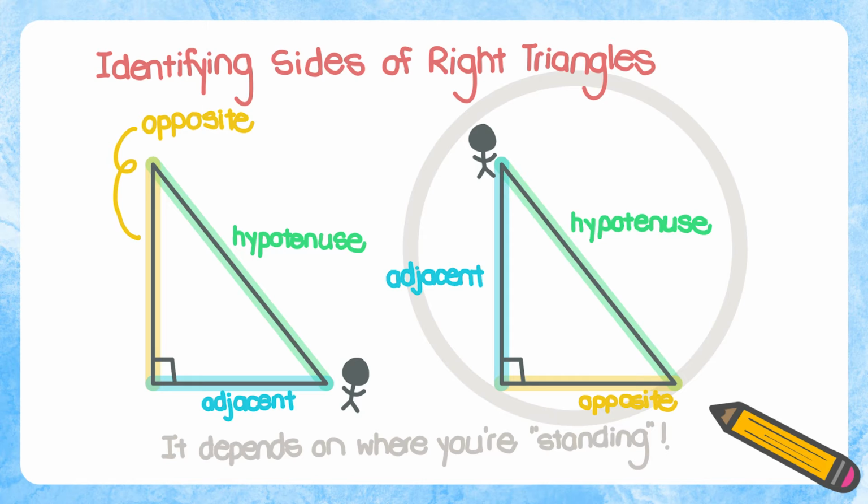And this side now becomes my adjacent side because I am standing right next to this side. So the hypotenuse is always across the right angle, but the opposite and adjacent sides depend on where you're standing. So it depends on which angle you're standing at.